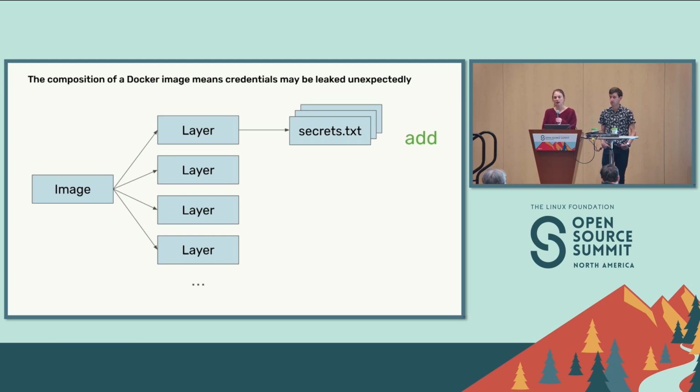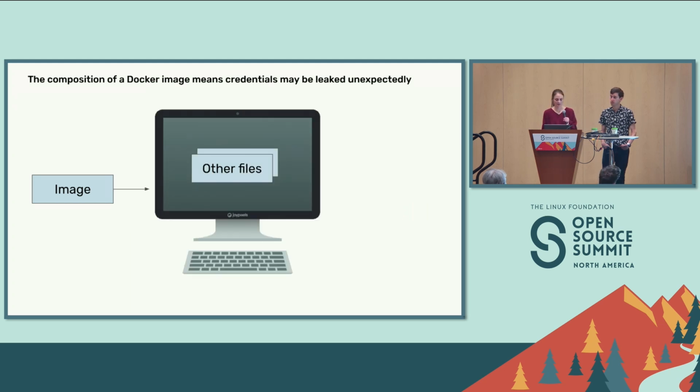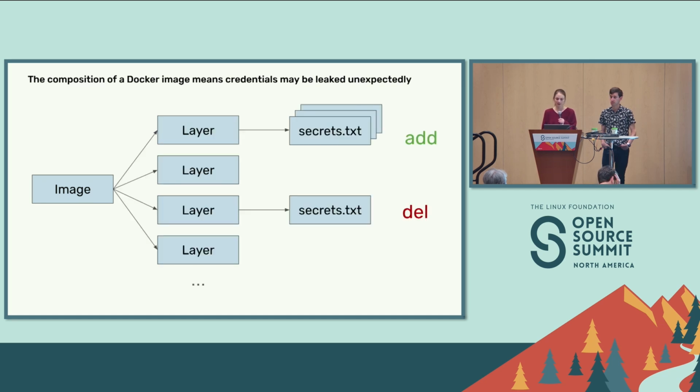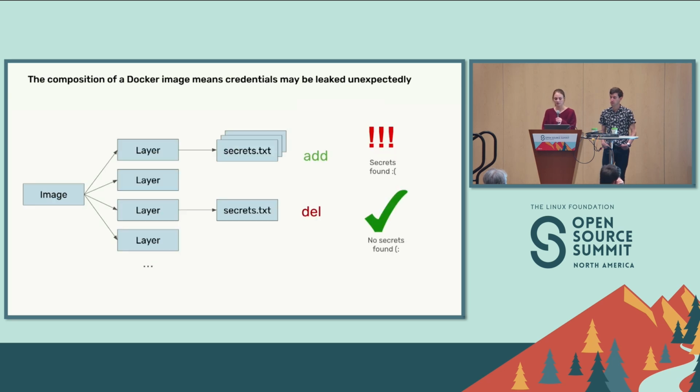Say we introduced a file called secrets.txt, which has a bunch of credentials in it in the first layer of our image. But then we deleted it later on. The final file system is not going to include that leaked credential. So if we scan just that final file system, we might incorrectly conclude that the image does not contain any leaked credentials. But we know there actually are leaked credentials hidden in that first layer of the image.